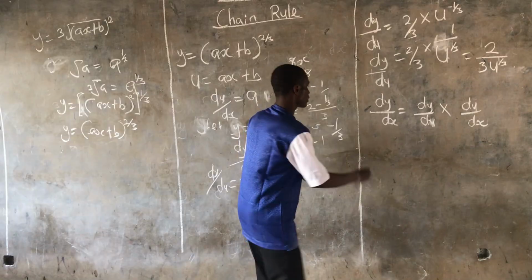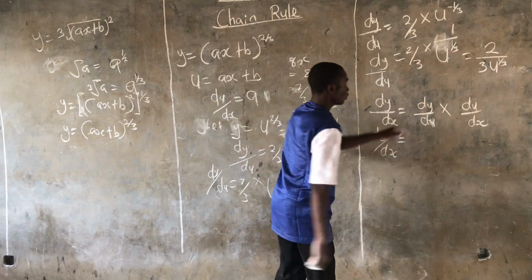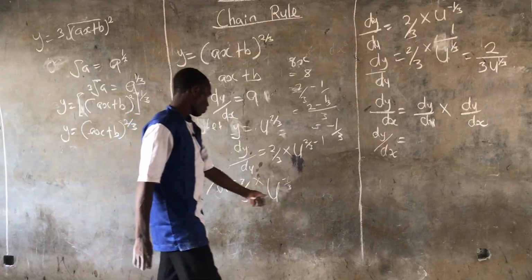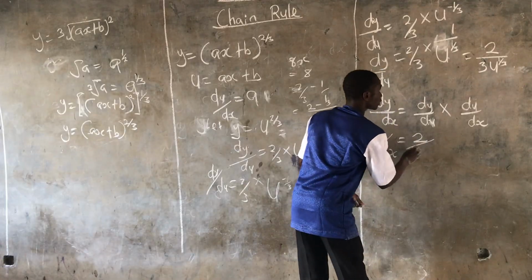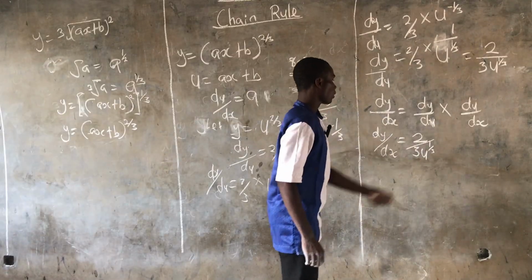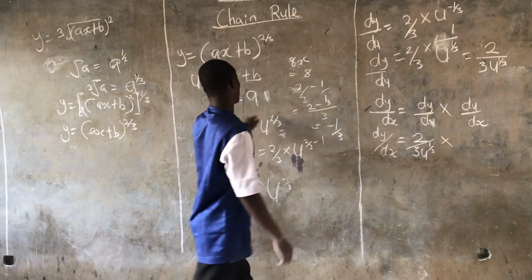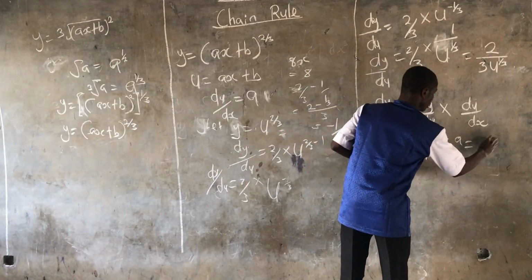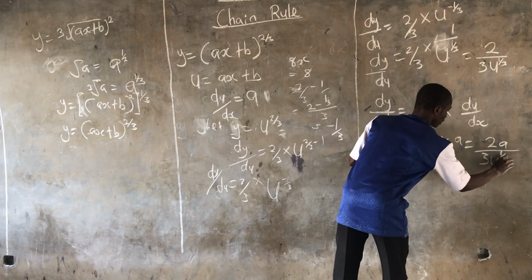So we can now say our dy over dx is equal to dy over du, which is 2 over 3u raised to the power 1 over 3, times du over dx, which is a. So now dy over dx is 2a over 3u raised to the power 1 over 3.